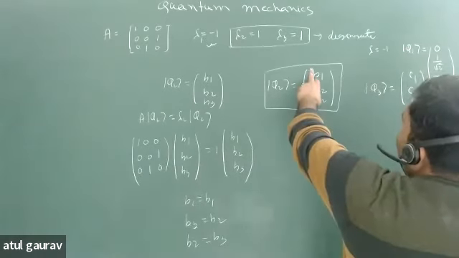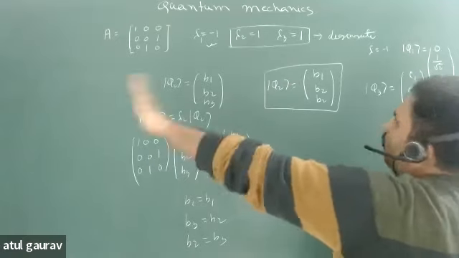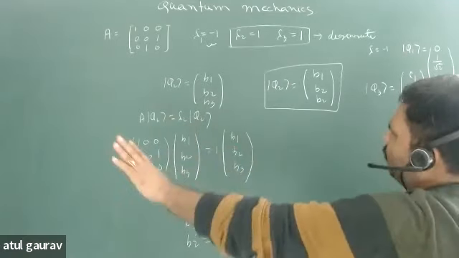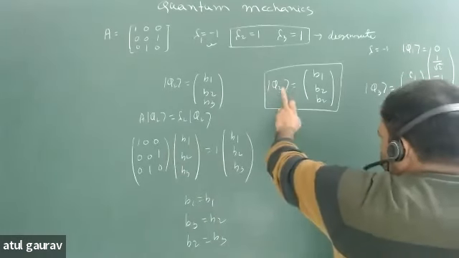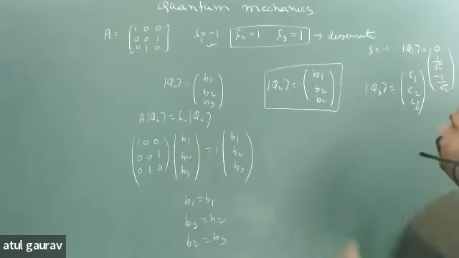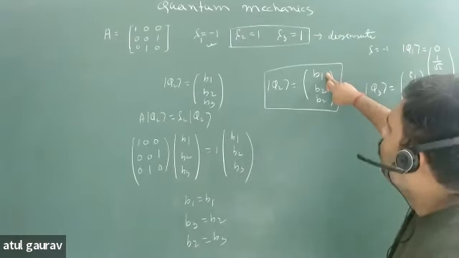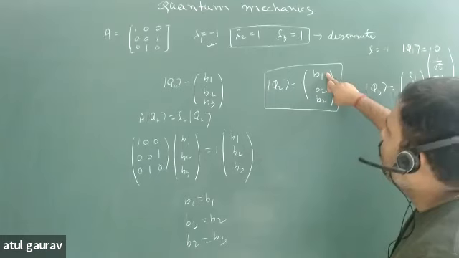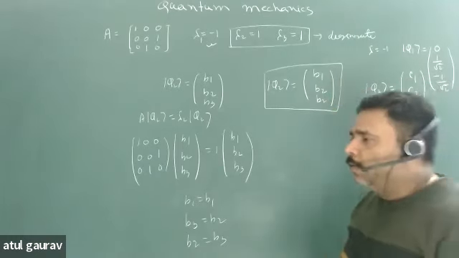How many vectors can you choose for B2? Leave the normalization part; normalization is not a big issue, you can easily normalize it. My question is very interesting: how many vectors can you make of the form B1, B2, B2?